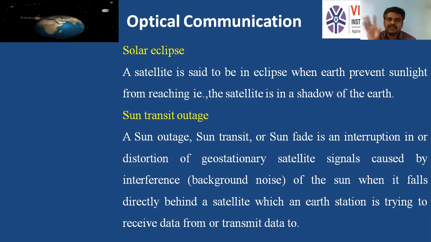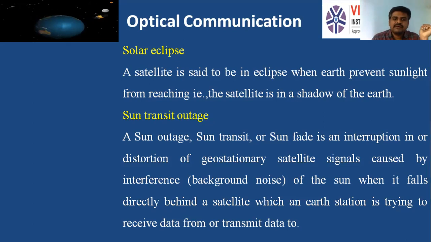It is approximately in March and April that it happens once, and approximately between September and October it happens once again. So in that time also, the sun transit outage shows an influence on the communication system performance.